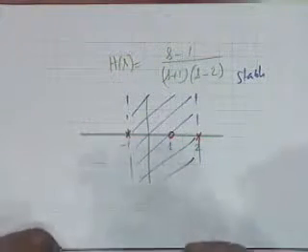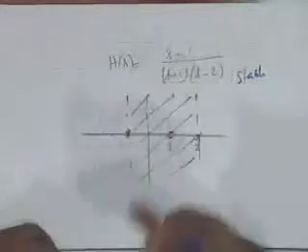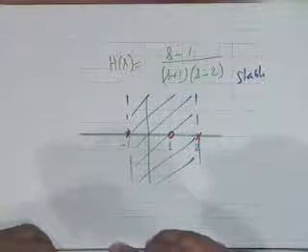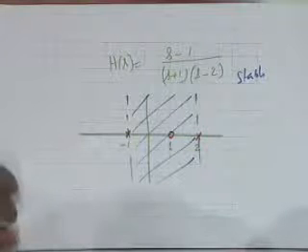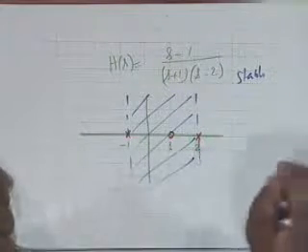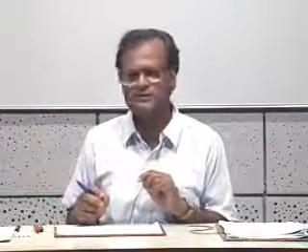Can you say whether the system is causal or anti-causal? Causal or non-causal, let's put it that way. Is it causal or non-causal? If the ROC is a strip, now you have to think a little bit, obviously one of the poles calls for a left half plane ROC, another pole calls for a right half plane ROC, and it is the intersection between the two, and therefore the system must be non-causal.